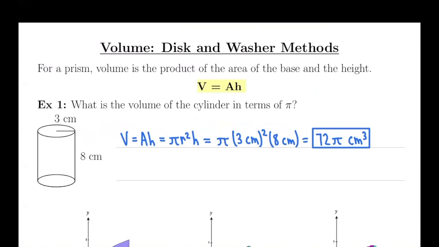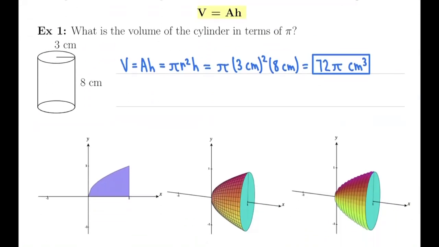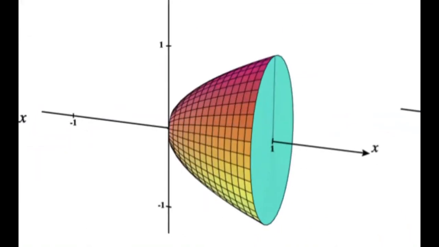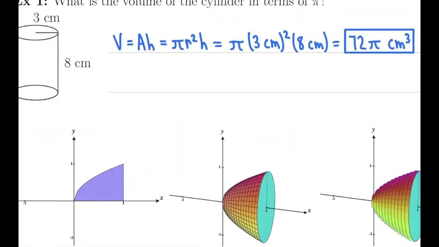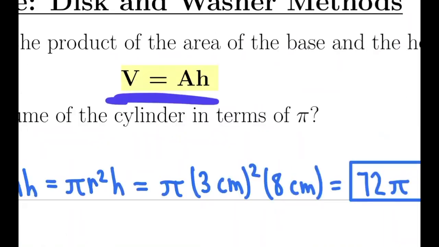Okay, so the problem is in calculus, the cross-sectional area is not constant. Like you can see for this solid right here, at different slices, the cross-sectional area is different. So since the cross-sectional area is not constant, we can't use V equals A times H because, like I said, A is changing depending on where you are.